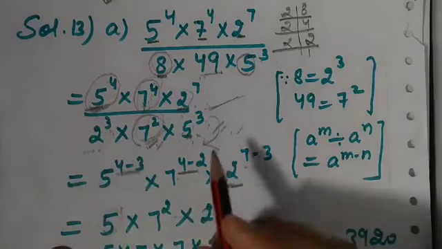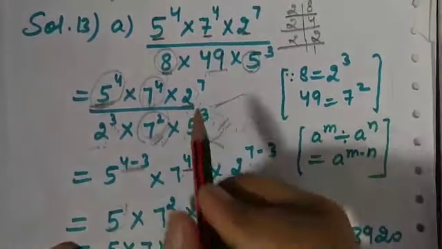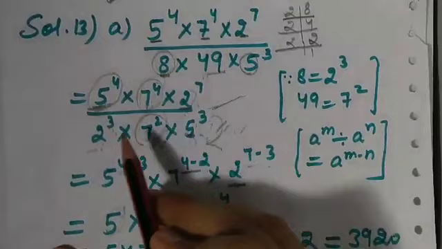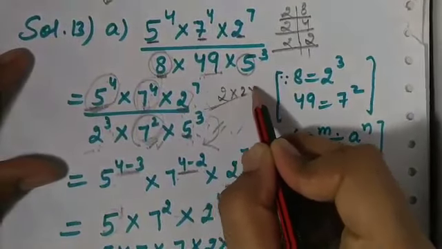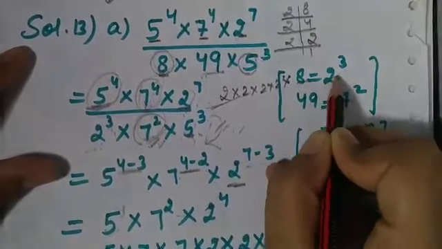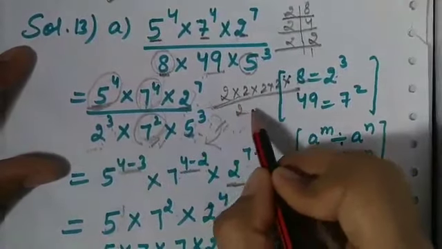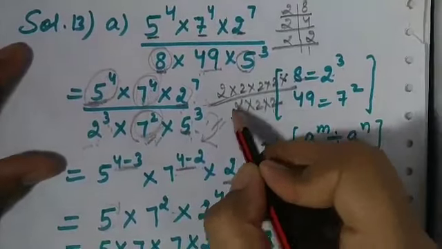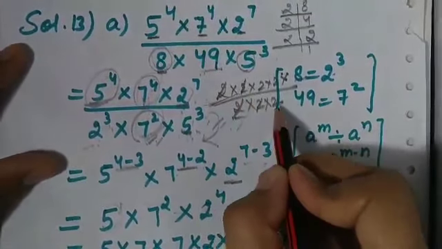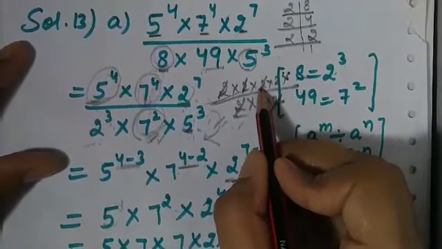Now let me explain this. We have 2 raised to the power 7 over 2 raised to the power 3. It means 2 is multiplied 7 times, so I will write it 7 times. And in the denominator I will write 2 raised to the power 3, which means 2 is multiplied 3 times. This 2 is cancelled with this 2, and with this 2, and with this 2.